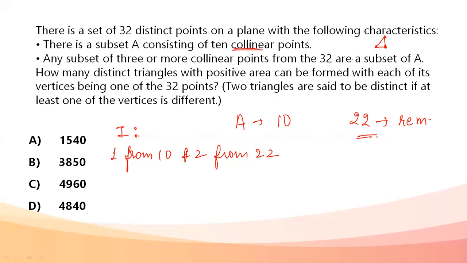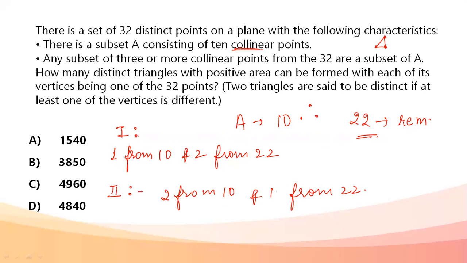So that should be the case. So these 10 are collinear, so at least one point should be out of these 10 points. So first case I can do, I can take 1 point from them and 2 from the 22 remaining points. Second case we can do, I can take 2 from these 10 and 1 from the 22 points that are available.